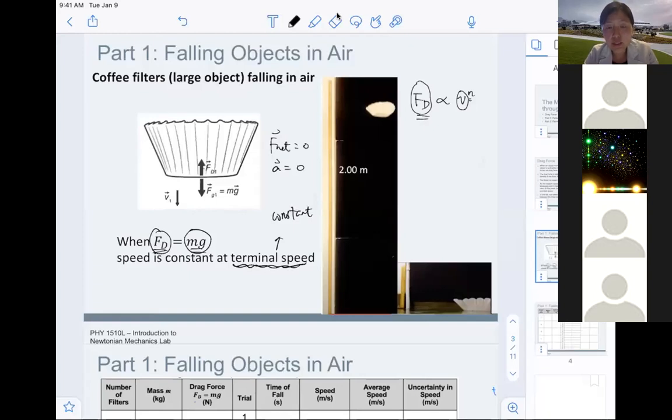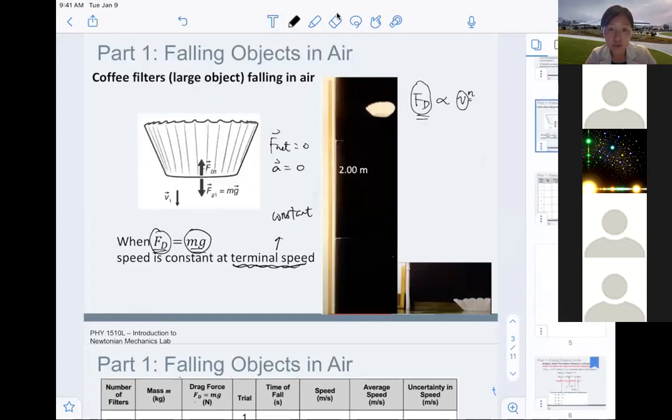If we were to do this in person, we would even consider standing on the chair, on the table, so that we are very high, and then we let go of the coffee filter. So that's part A. Now let's take a look at the math, so we can see exactly how we are going to do the plot.